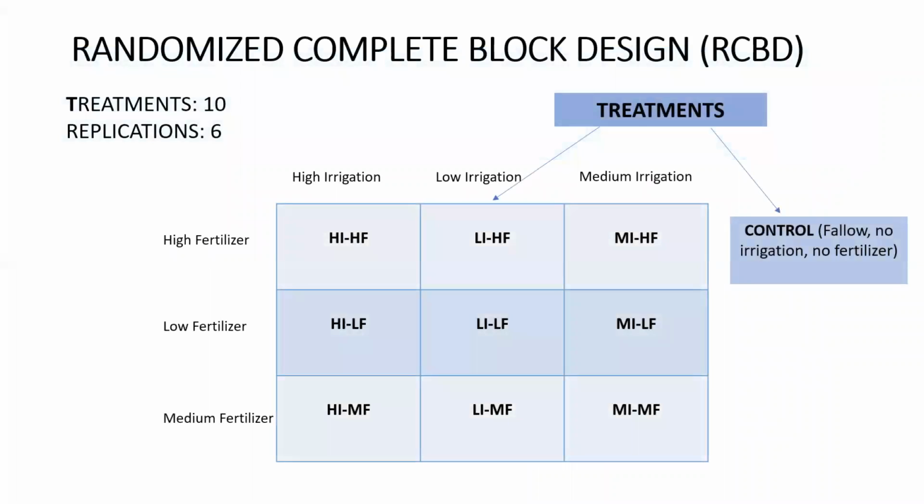For the experiment, we used randomized complete block design with 10 treatments and 6 replications. Our control was a fallow with no irrigation as well as no fertilizer. Irrigation and fertilizer were our two factors with low, medium, and high levels of each.